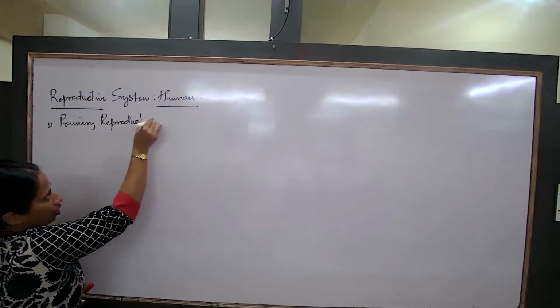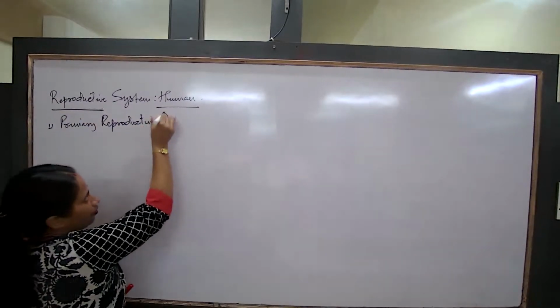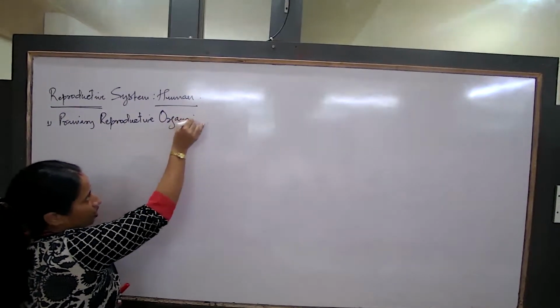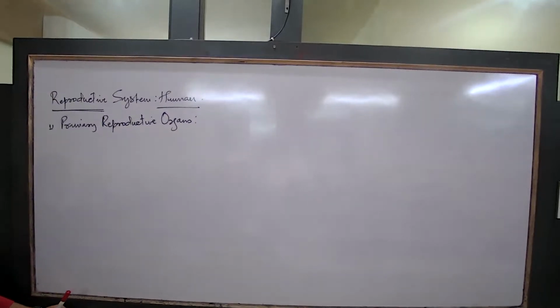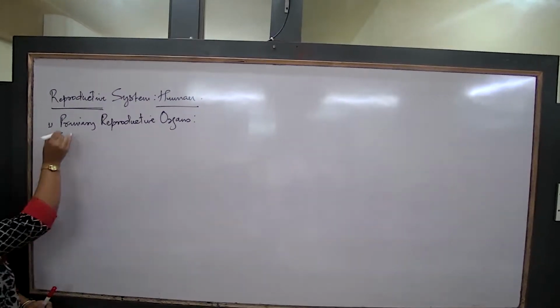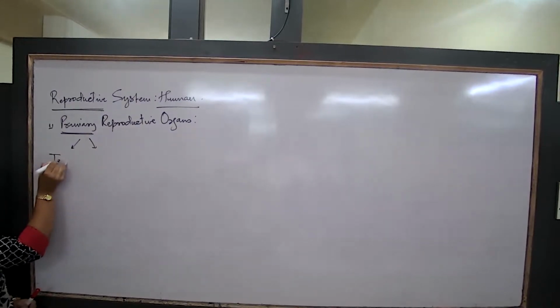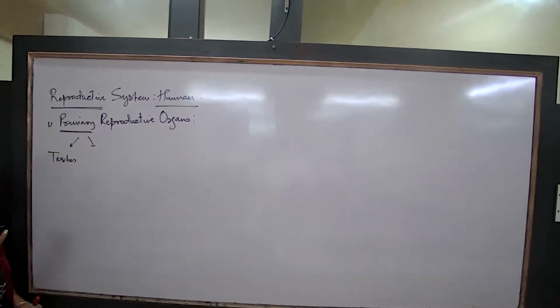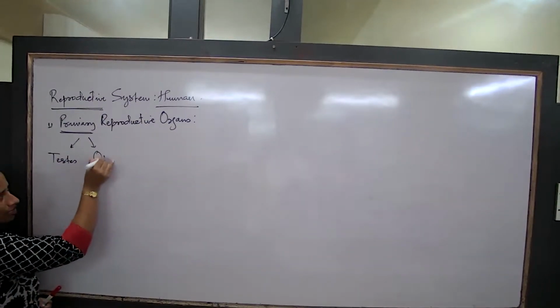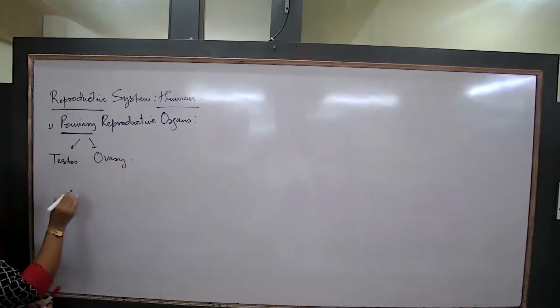The primary reproductive organs play a major role and perform many different types of functions. They are of 2 types. I talk about the testes in the males, and the ovary in the female.